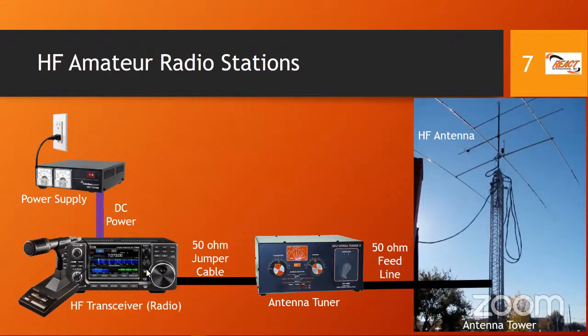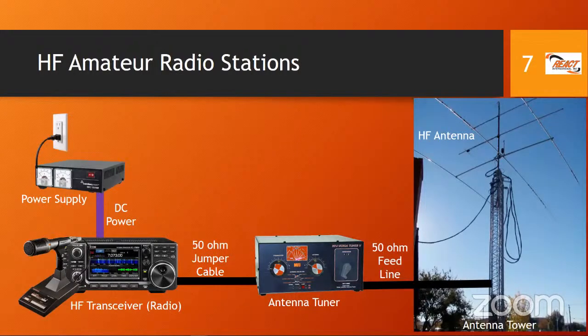We'll have a microphone connected to that transceiver, and then maybe a jumper cable to an accessory device and an antenna tuner, and then feed line that goes outside to our tower in the yard and our very large array of antennas. So this may be what an HF amateur station looks like. When you become licensed, you're able to purchase, own this type of equipment and set it up. But this is not the only type.